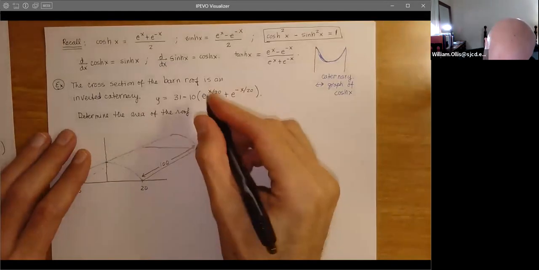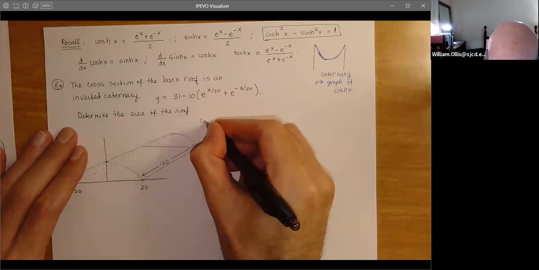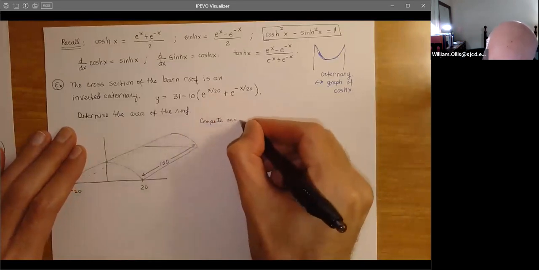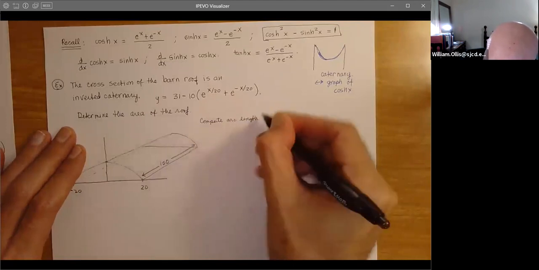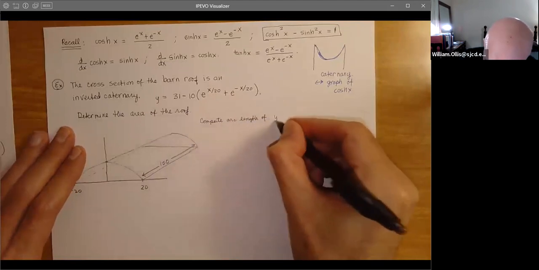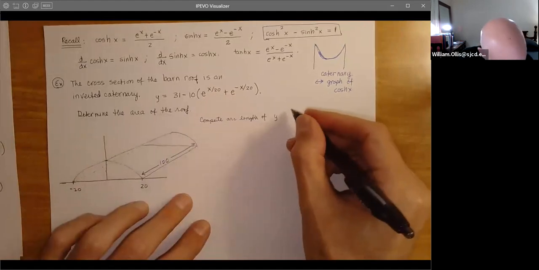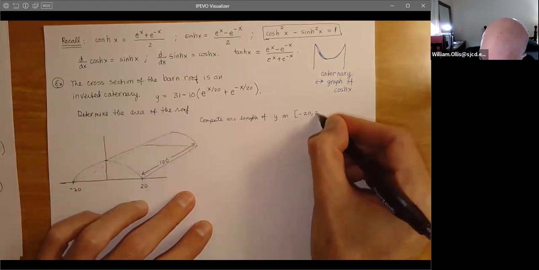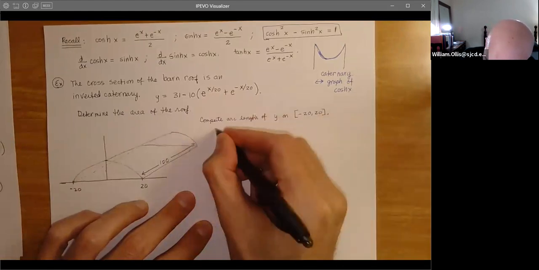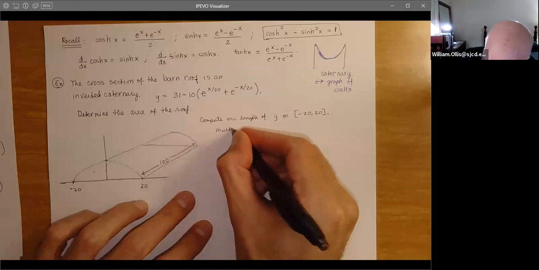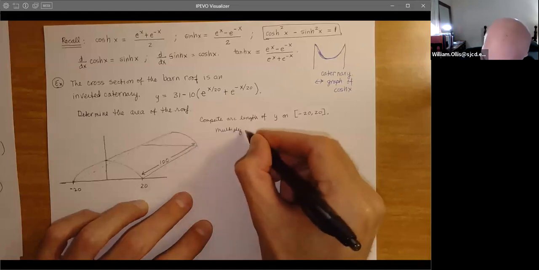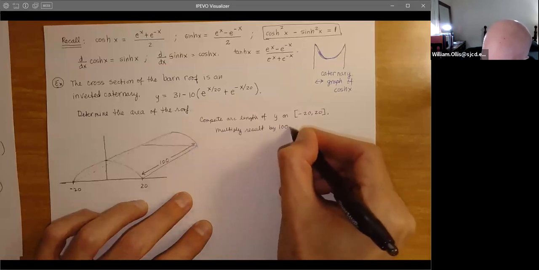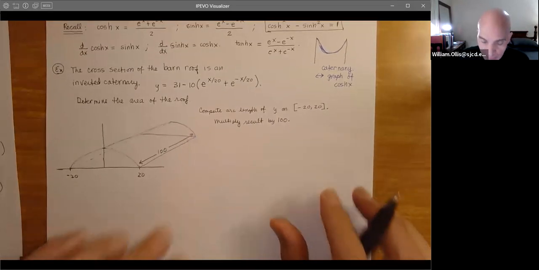So here's the key: compute the arc length of y, again, on negative 20 to 20, multiply the result by 100. And this gives you the area that you need.